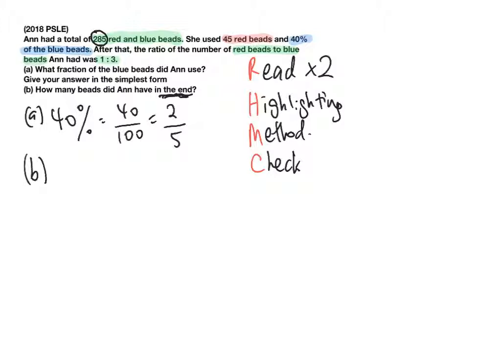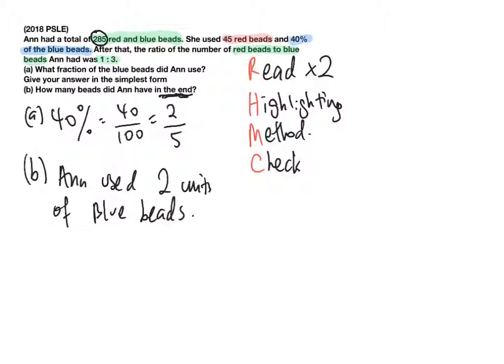we know that Anne used 2 units of blue beads. That is from our first answer. Which means that Anne had how many units of blue beads left?